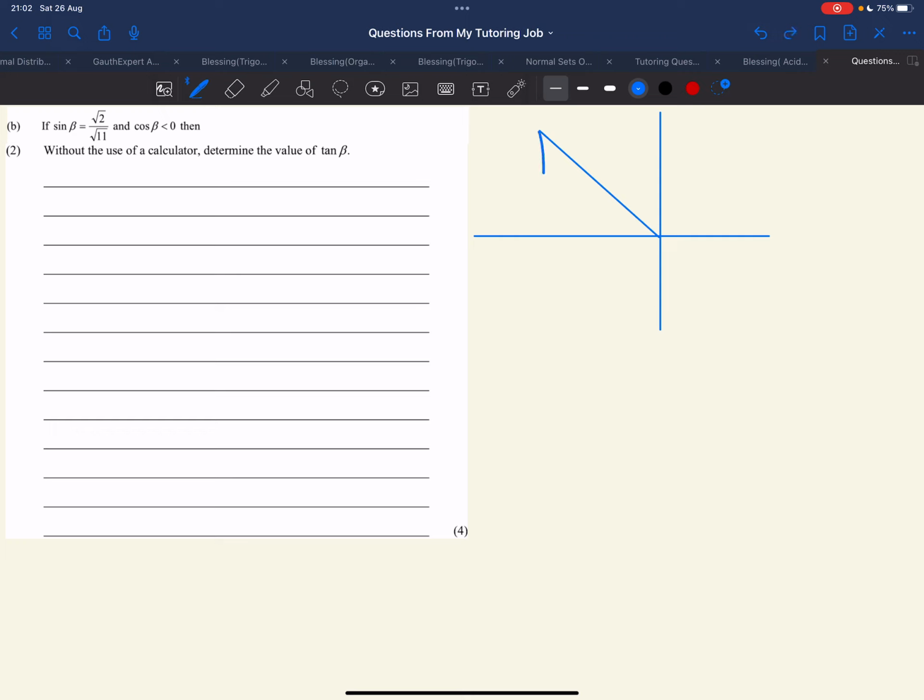Let me draw it a little bit better. All right, now it's okay, and then we can just call that beta, right?